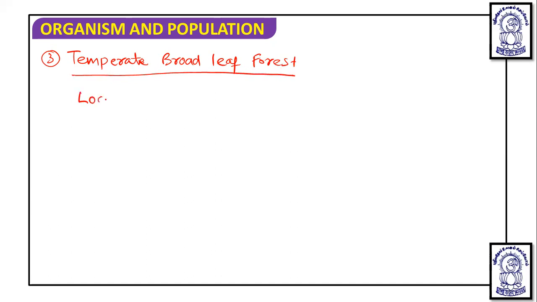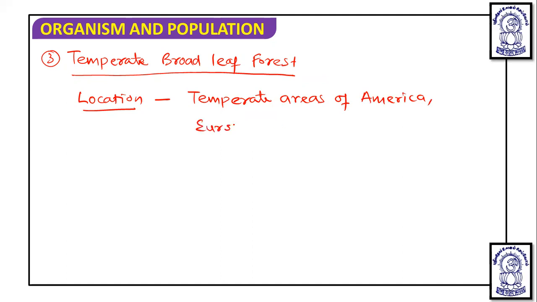If we talk about location, it is known that this temperate broadleaf forest is found in temperate areas of America, Europe, Asia, New Zealand, and Australia.